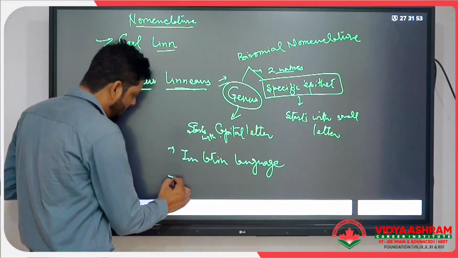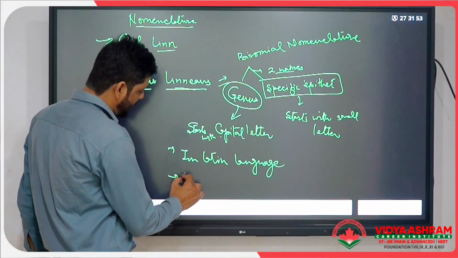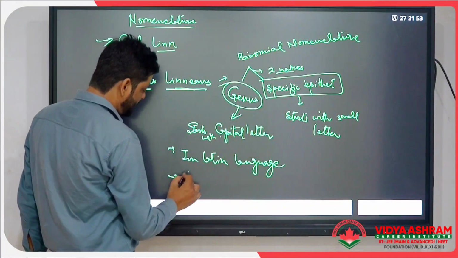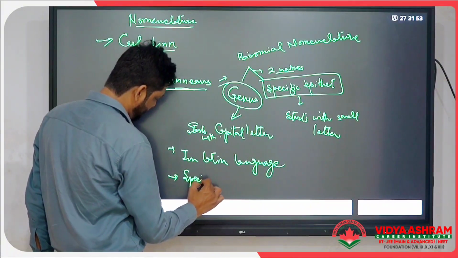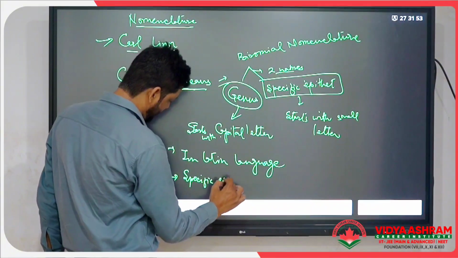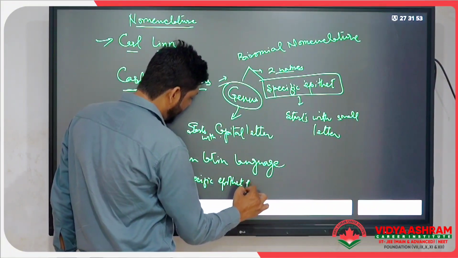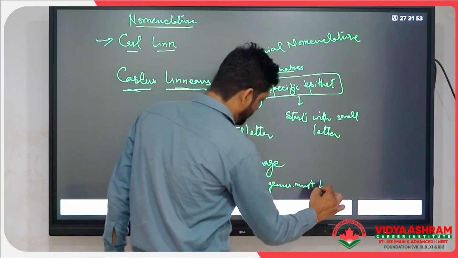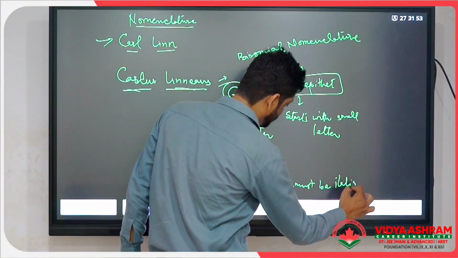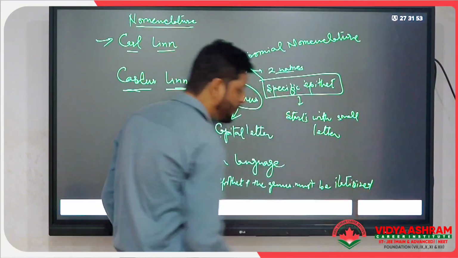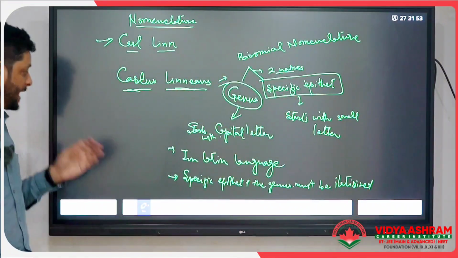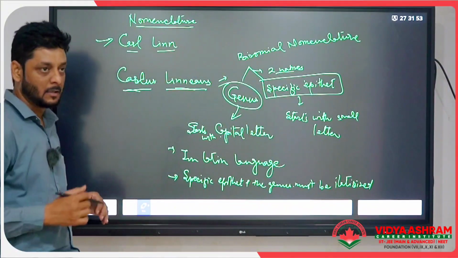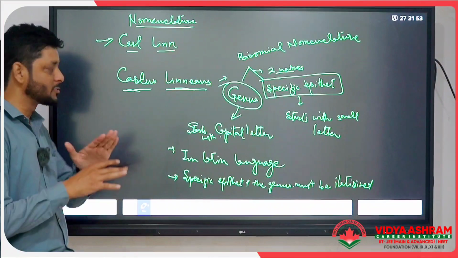So the third rule is that when you write it in Latin language, the specific epithet and the genus must be italicized if you print it somewhere. Sometimes you also write the name by hand.